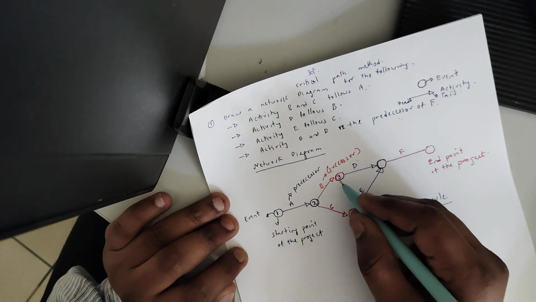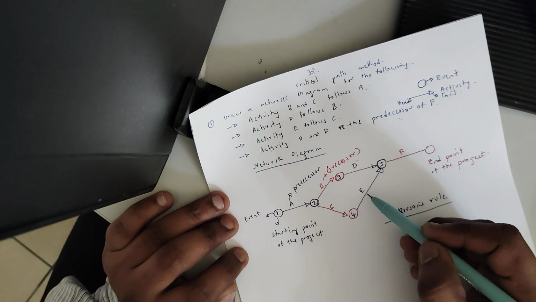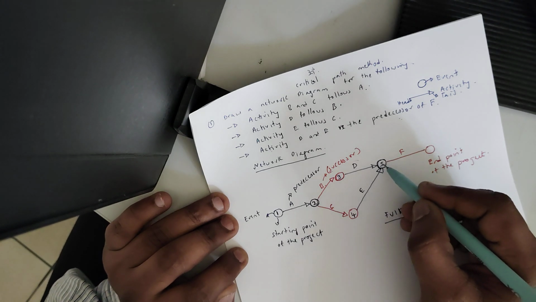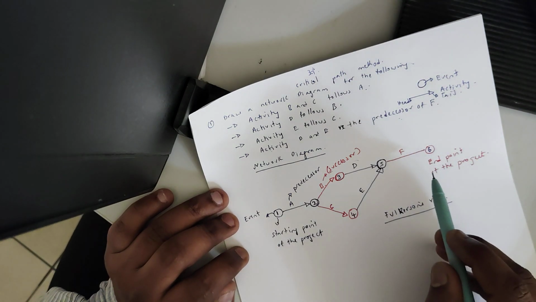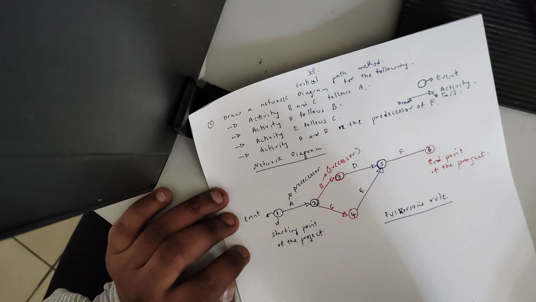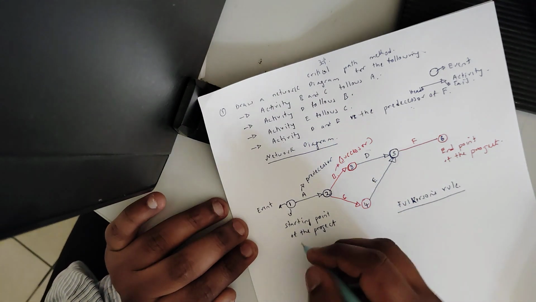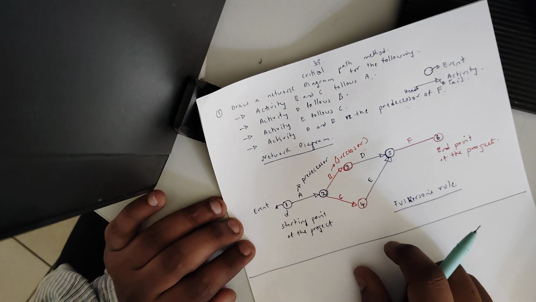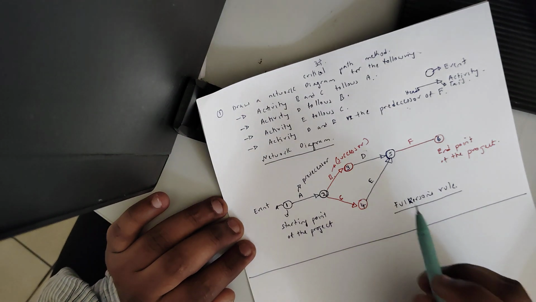Next I mention 5, which indicates that once activities D and E are completed, event 5 is completed. And next is 6: at the sixth event we end the project. So this is the network diagram. This is how we should construct the network diagram for all the problems in the critical path method.